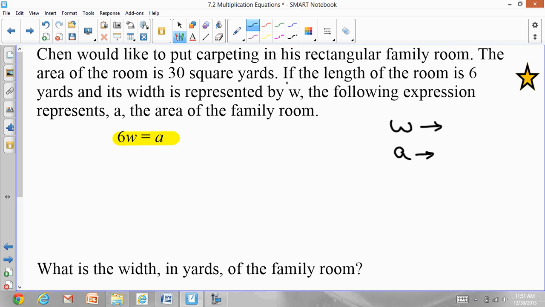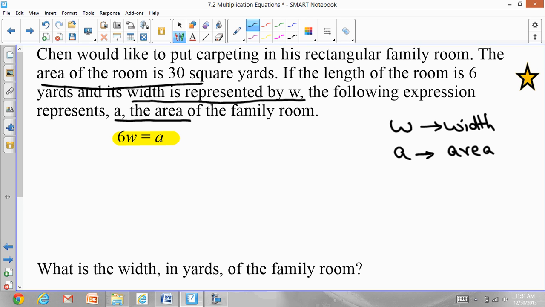So let's go back to the question. So W in this case is represented as the width. So I'm going to write W is my width, and I need to find out what my A is. A is the area. And now I'm going to go back to the question again, and I'm going to read and see if they have given me any information. So they are giving me the area of the room is 30 square yards.